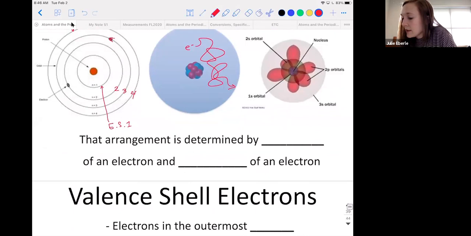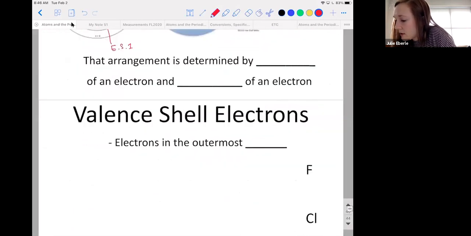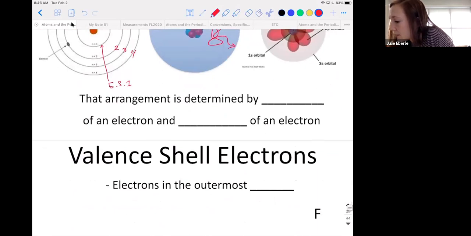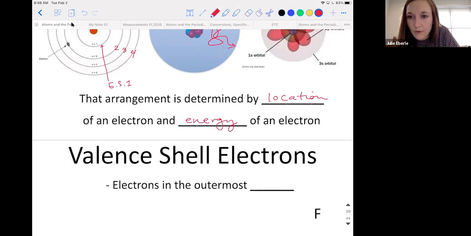Now, the arrangement of electrons is determined by the location of an electron and the energy. We've actually just talked about the location bit. They can have different locations in an atom. Those are on the energy shells. But those energy shells have different energy levels. They're called an energy shell because they differ in the amount of energy that electrons have depending on what circle or shell they're on.